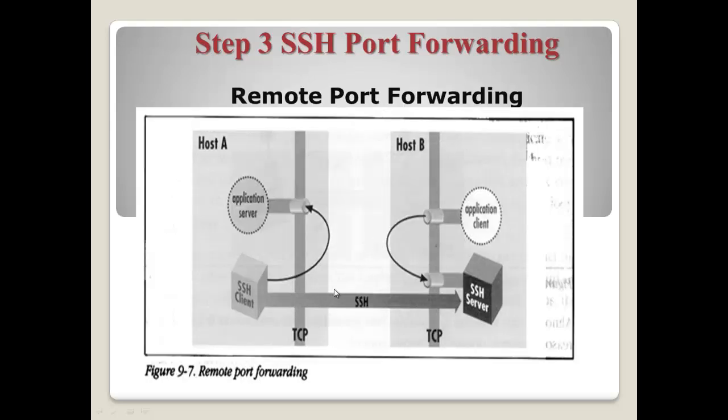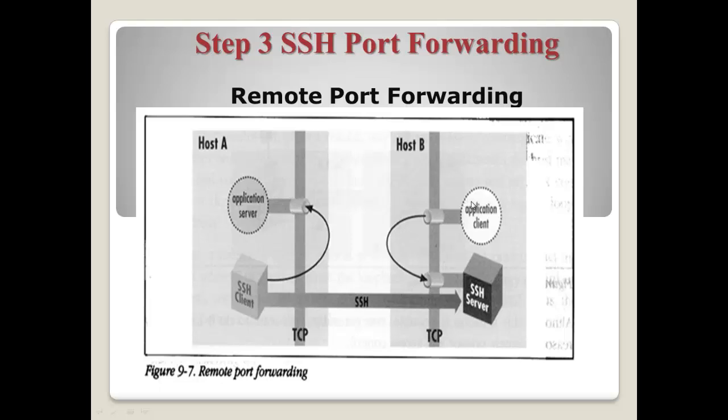Remote port forwarding is similar, but here one thing is different. Here, the application server is on the SSH client side, and the application client is on the SSH server side.